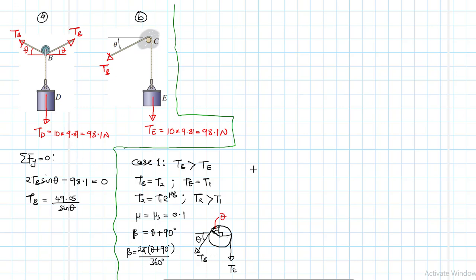Alright, I think we have all the information and we are still on case 1. Don't forget we are on case 1. This is the case we are dealing with, right? So let's start doing the work. So case 1, let's replace these values.